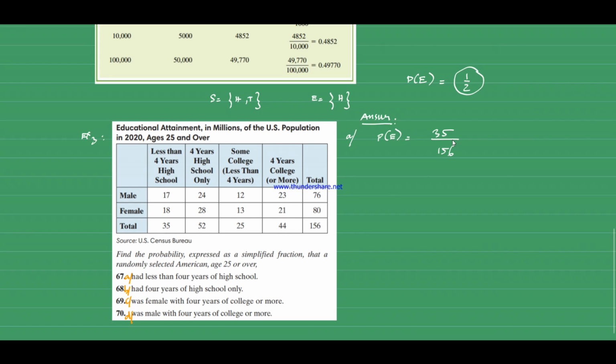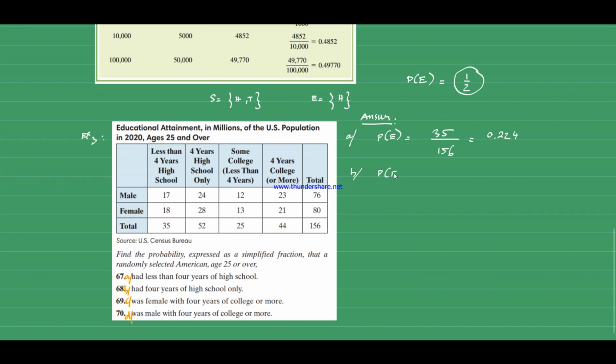I don't think we can simplify this, so I'm going to convert it into a decimal, about 22.4%, so it's 0.224. So you see that it's less than 1.